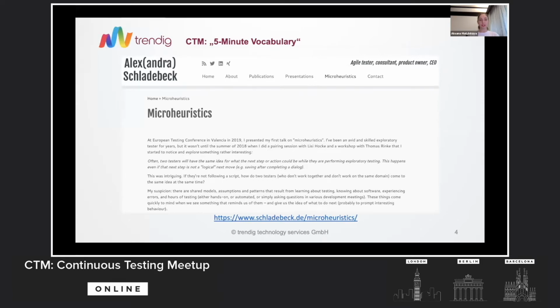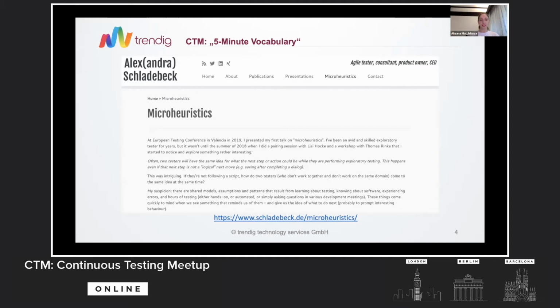She invented microheuristics. She presented it for the first time at the European Testing Conference in Valencia in 2019. On her website, you can find a lot of information about what microheuristics are, which types of microheuristics she created, and also other interesting information about it.